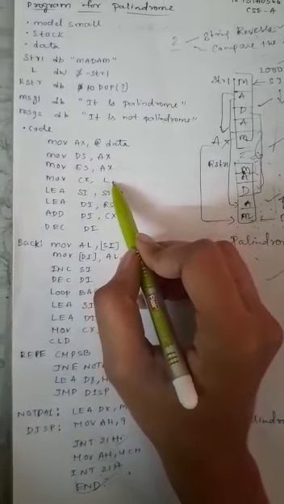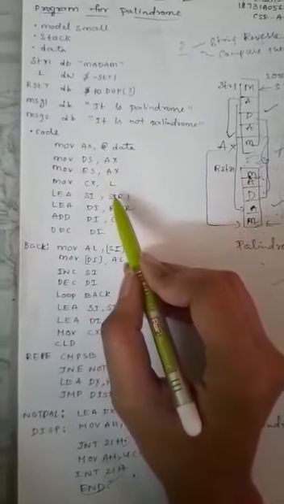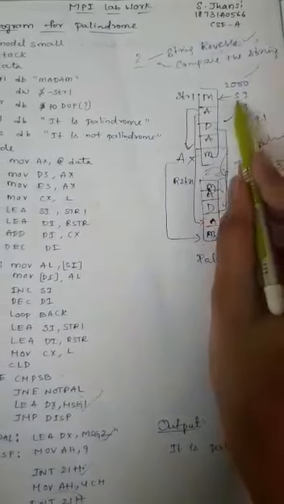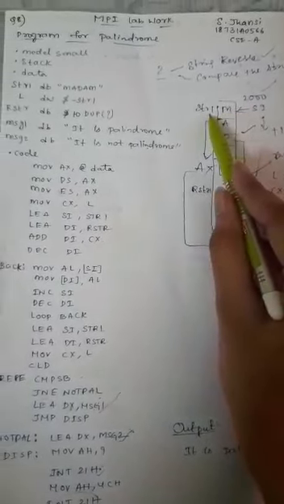Now move the length of the string 1 into the CX register, and point the starting address of the first string into the SI register, and similarly point the address of the reverse of the string into the DI register, which points to the last address of the reverse of the string.